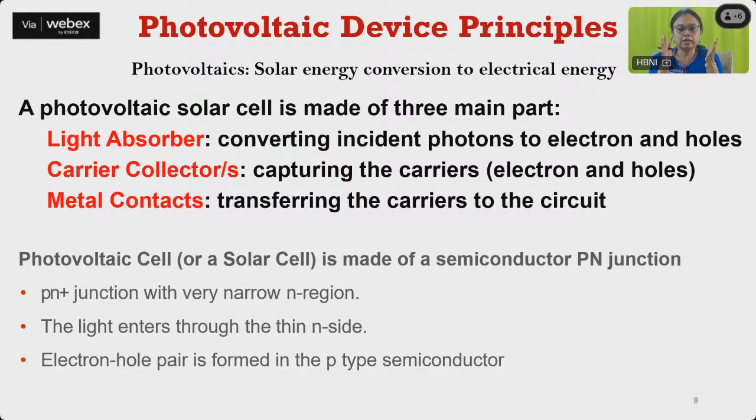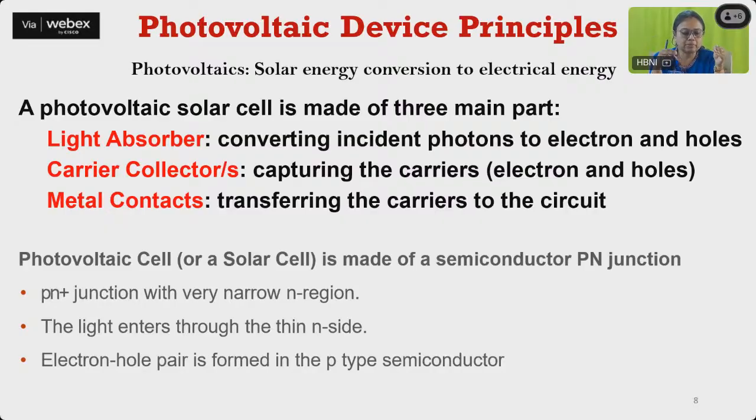Now this is the incoming radiation, incoming energy. From this energy, we have to take out the electricity. As we have just discussed, photovoltaic is solar energy conversion into electrical energy. So a photovoltaic solar cell is made up of three main parts. A light absorber, so you have to absorb the light. This part converts the incident photon into an electron and hole pair because they are made of semiconductors.